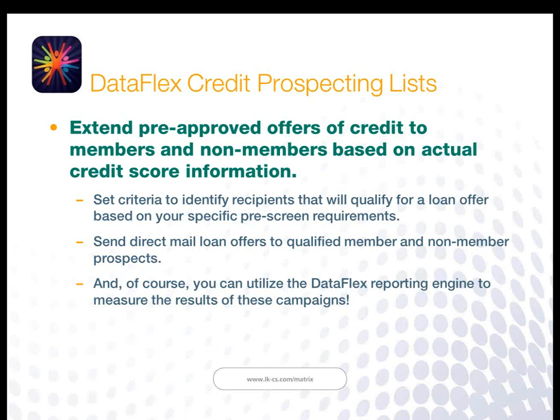Based on that information, we can send all sorts of loan offers, whether it's for refinancing a vehicle loan or an auto loan. We can even identify the potential savings in a monthly payment. So you can specify things like, we're willing to extend an auto loan today at 3% for 60 months. Can you tell me how many of my account holders, based on the outstanding balance on their auto loan, I can save at least $30 a month on their monthly payment, for instance.